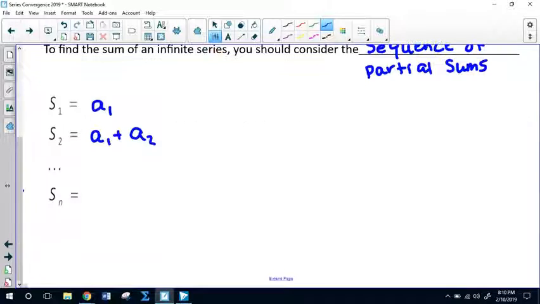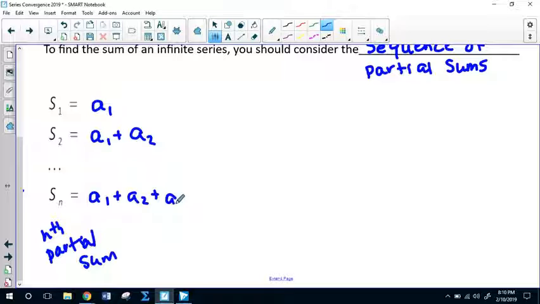And you would keep looking at as many sums as necessary. This would be considered the nth partial sum, comprised of all of the terms between the first term and the nth term. You would look at all of these and determine if the series was approaching a finite sum or not.